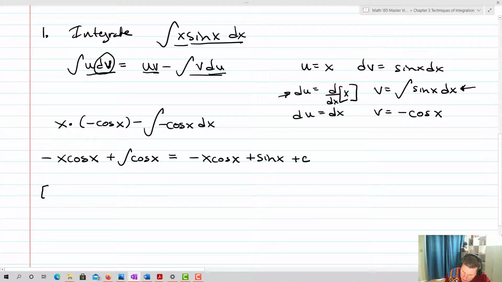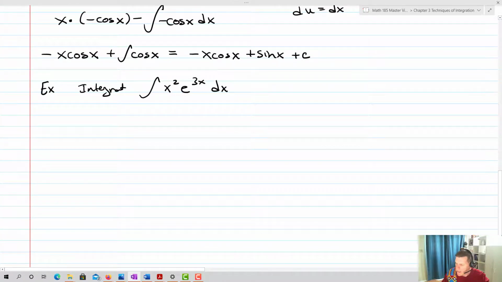This example now is going to be, let's integrate the integral of x squared e to the 3x dx. Now in this case, we'll let u be that power function. We're going to let u equal x squared, and we're going to let dv equal e to the 3x dx.